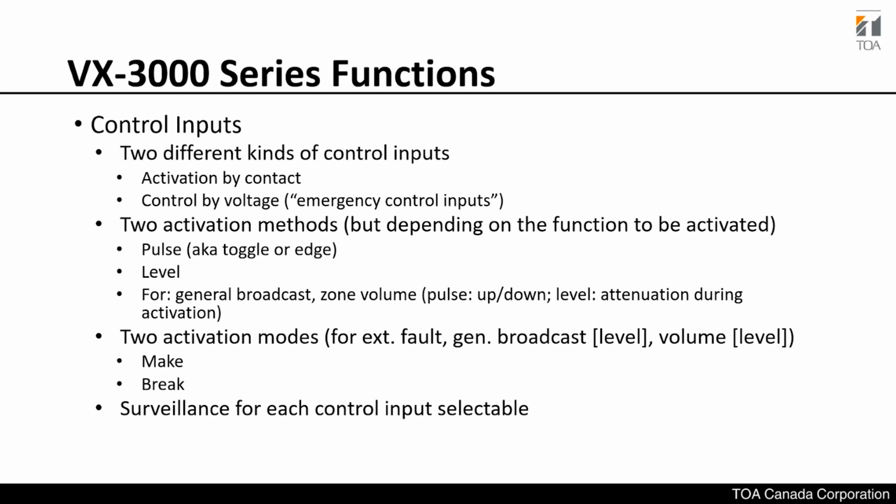We can also program the VX3000 on the response or what triggers it can detect. Pulse level, which is on the rising edge of the signal, or it follows the level. It only goes hot when the input goes hot.